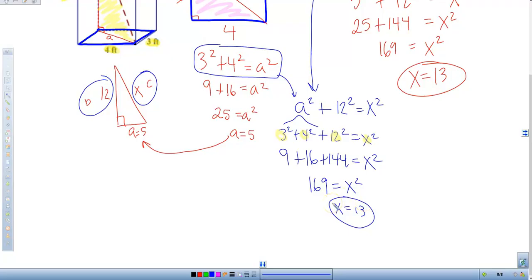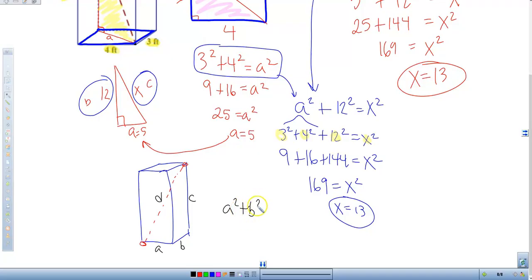What we notice, the shortcut is simply this. If I give you a prism and I ask you to find the length of the diagonal from one corner to the other corner, there's a shortcut. And that shortcut is simply take all of those dimensions, square them, add them up, and the sum of those squares must equal the square of the diagonal.